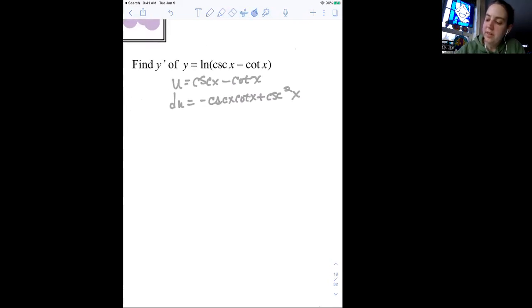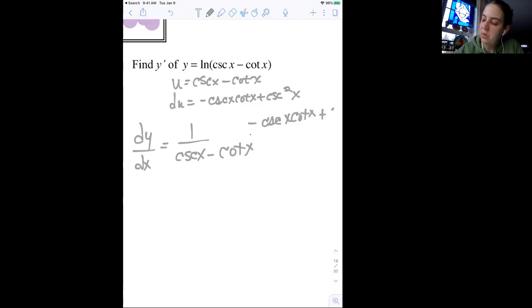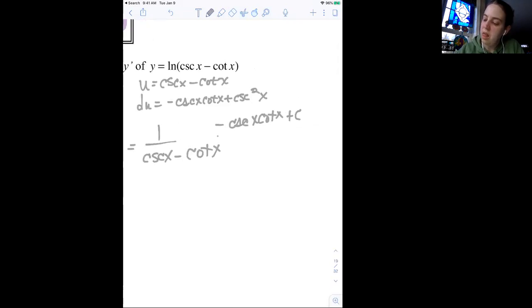So when we go to put all this together, just have to write smaller. dy/dx is 1 over cosecant x minus cotangent x, times negative cosecant x cotangent x plus cosecant squared of x.